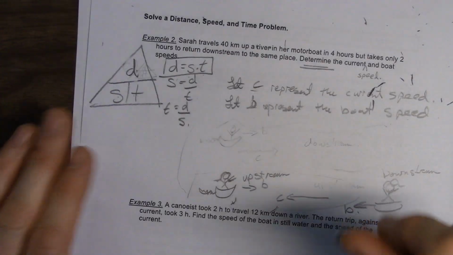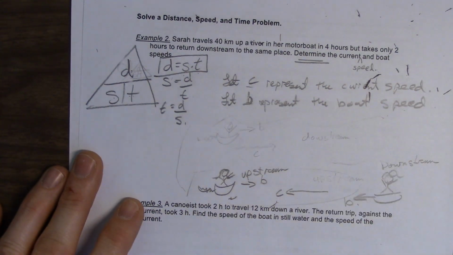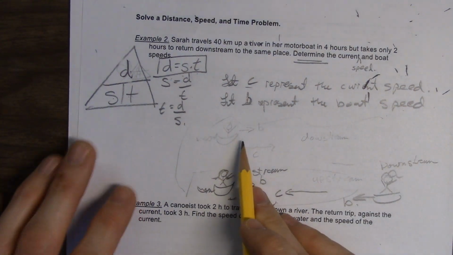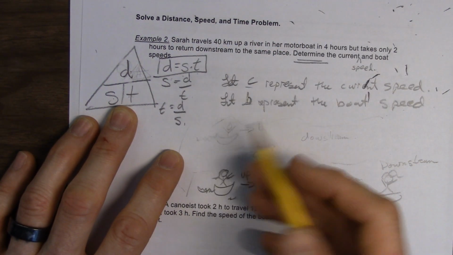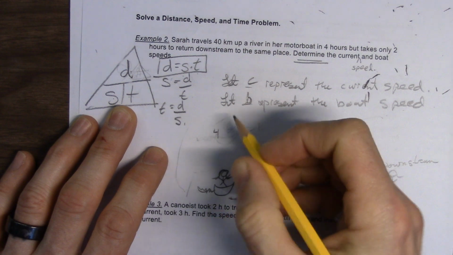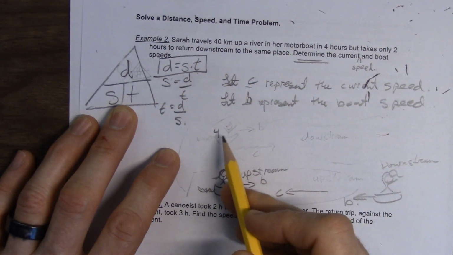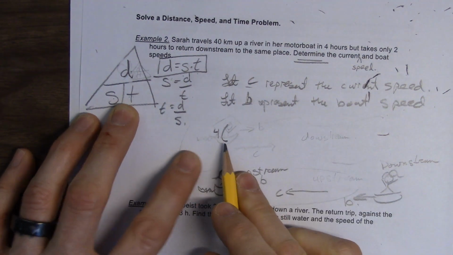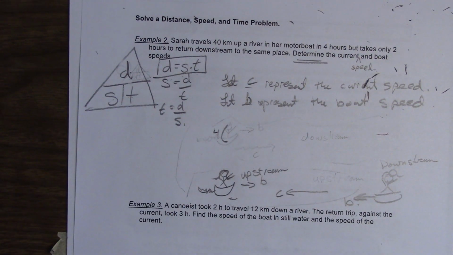Our distance that she travels when she goes up a river is our time, which is 4, times our speed. And our speed when she's going up the river would be represented by what? This is the hard part here.